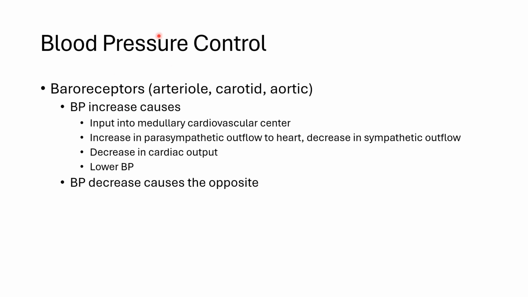So the control of blood pressure is baroreceptors, which are nervous system cells that directly innervate arterioles, carotid arteries, and the aortic artery throughout the body.